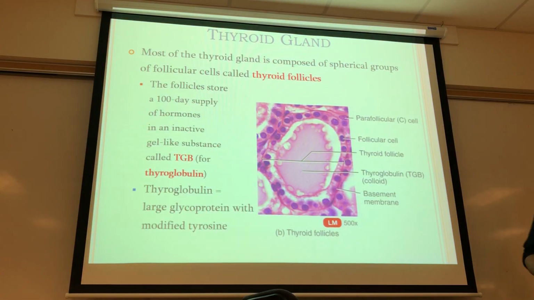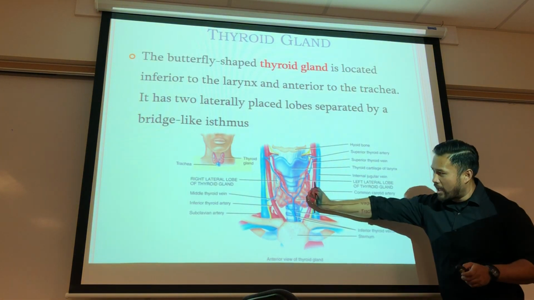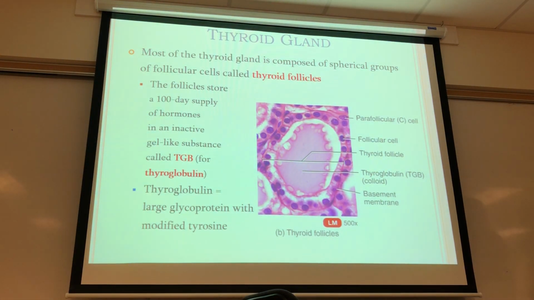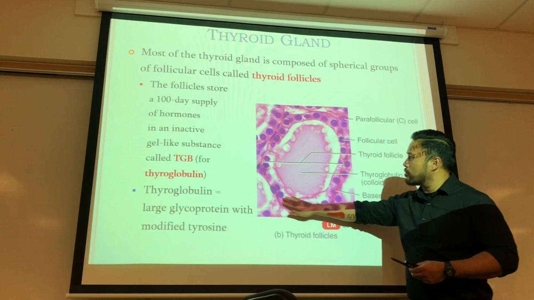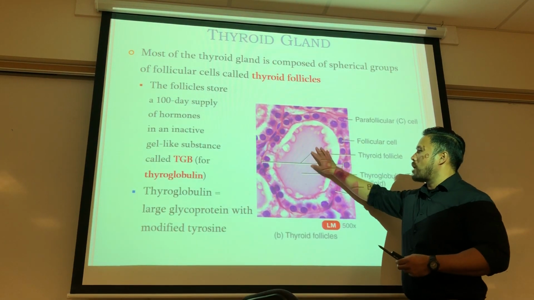Now, the thyroid gland, if we were to zoom right into the thyroid itself and look at the functional unit of the thyroid, we're going to have thyroid follicles. And zooming in, you can see our cuboidal epithelial follicular cells that surround this pool called thyroglobulin.